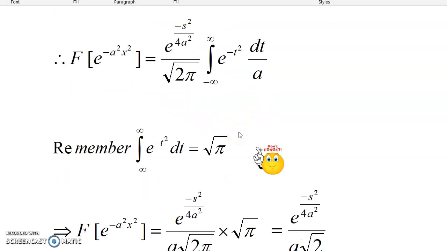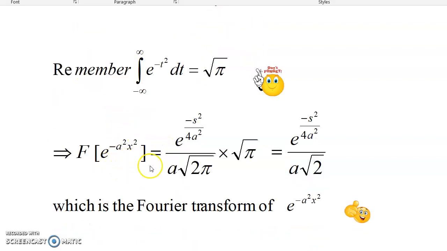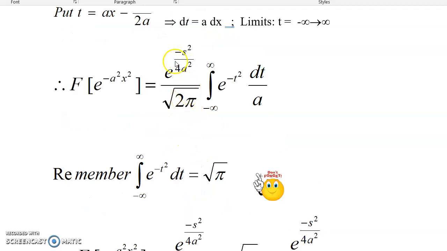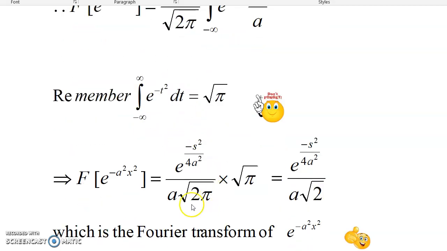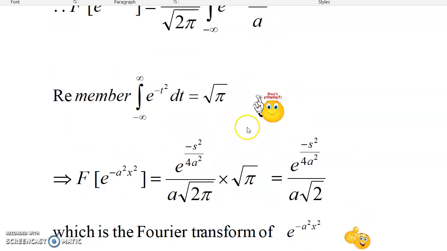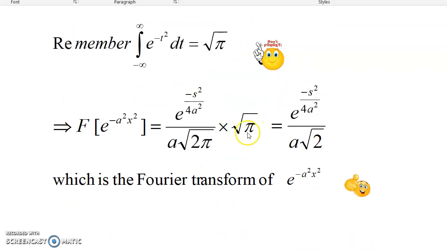So the Fourier transform of e power minus a squared x squared, which we are finding, becomes outside already we have e power minus s squared by 4a squared by root 2 pi. And this 1 by a has come out into this integration. As per this formula, this integration has become root pi.